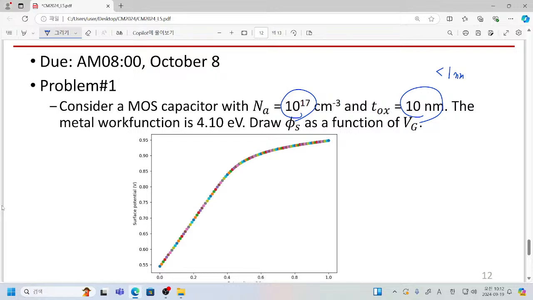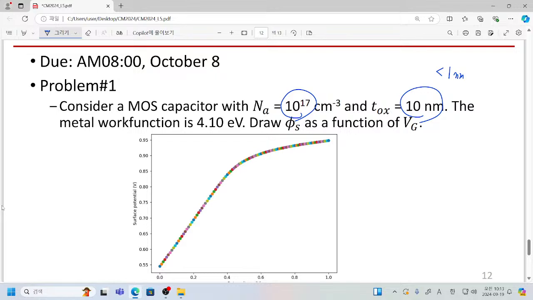But if you are working with a state of the art device, your target value should be not exactly 1.0. Nowadays, even 1.0 is regarded as a little bit thick, and engineers are aiming to achieve 0.9, 0.8, 0.7 nanometer as an effective oxide thickness, not physical but effective oxide thickness.